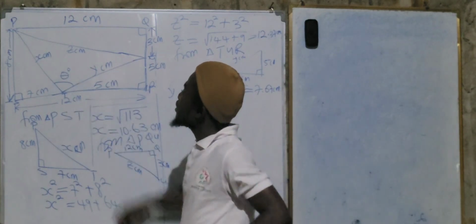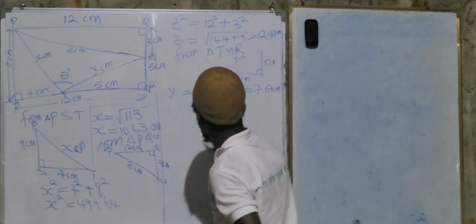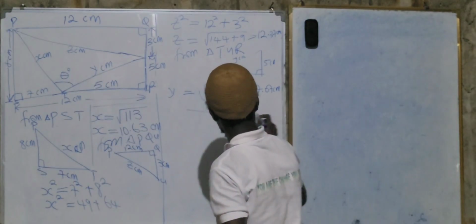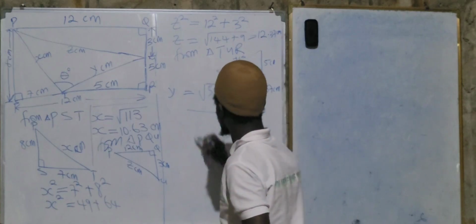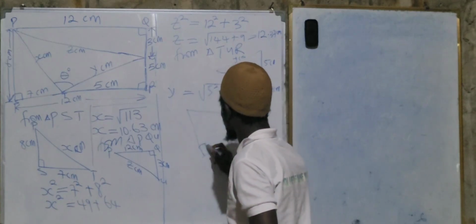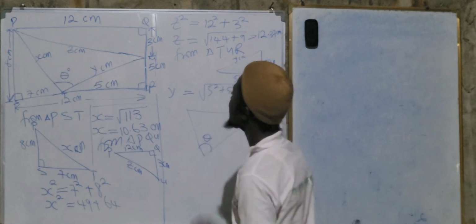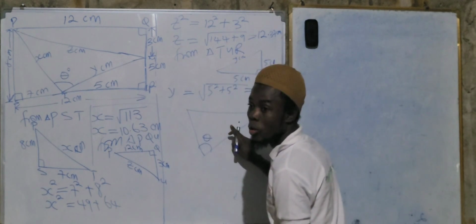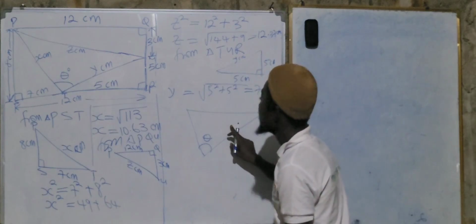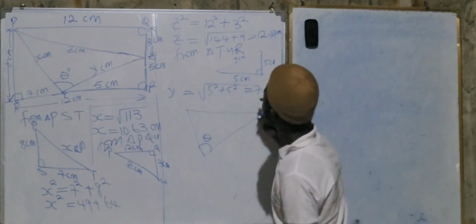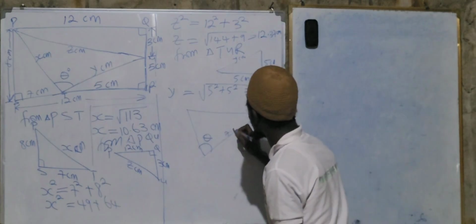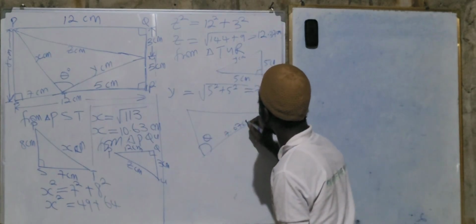Good. Now, if you observe this angle here, this is the extent of the angle. And then we have another angle here, right? Here is y. Already we know the value for y, 7.07 centimeter.